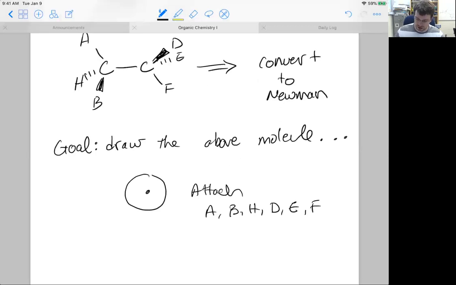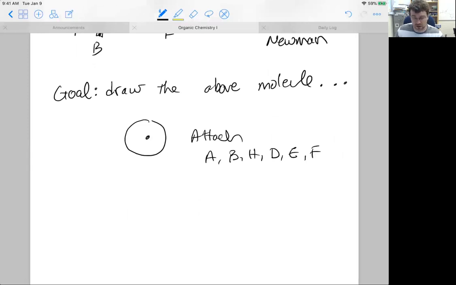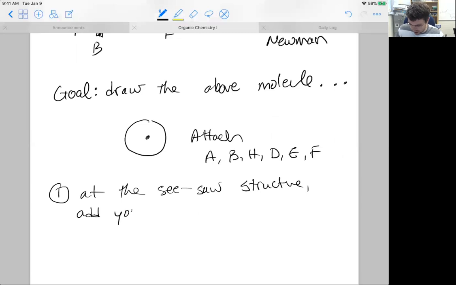So I've got my seesaw structure, and I'm going to draw the above molecule. I always start with a dot with a circle around it, true, but the first thing I want to do at the seesaw structure is add your eye. Now, that's kind of a weird phrase. My eye is this, and it could be looking in either way. We assume we have both eyes, and they're looking in the same direction.